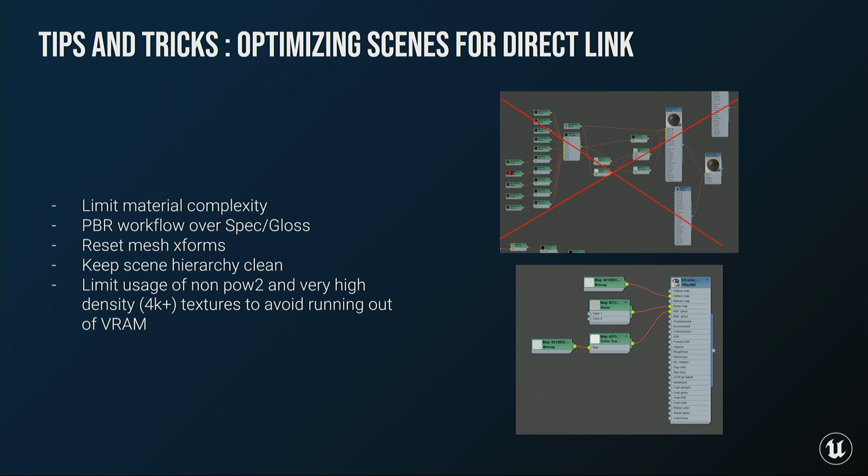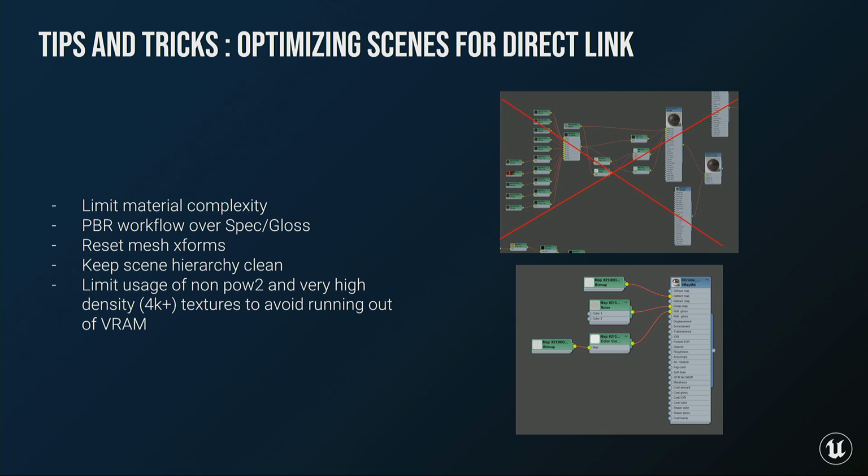You also have to be careful about using a PBR workflow, because Unreal is using PBR. You can do some specular gloss, but try to do PBR. It'll look better, it'll run better. Also try to reset mesh XForms.